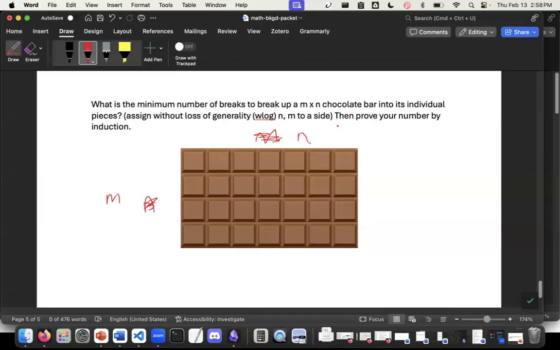That's the without loss of generality of having to assign n and m to a side. So I'm just going to pick one, but since they're generic terms, I could have chosen either one. That's the only generality we can throw away. We have to consider the other cases.